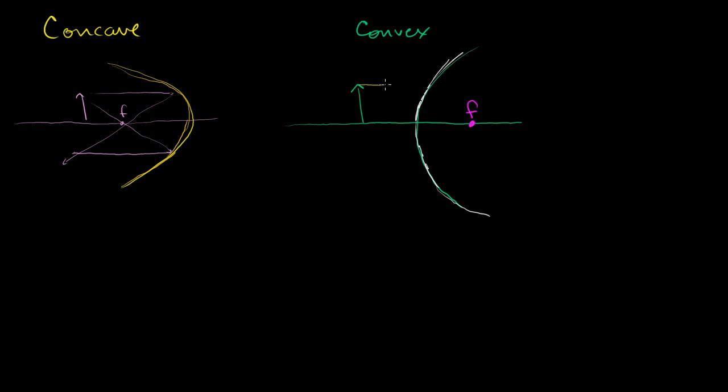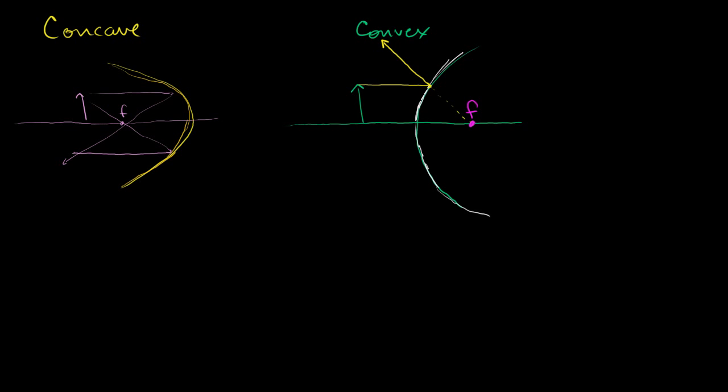If something is parallel to the principal axis, and I'm not doing the math here, but if it reflects on the outside of this parabolic mirror, it will reflect in a way that looks like it's coming from the focus. Obviously the focus is on the other side of this mirror, but it would reflect so that it looks like it's coming from the focus. So that ray will reflect like that.